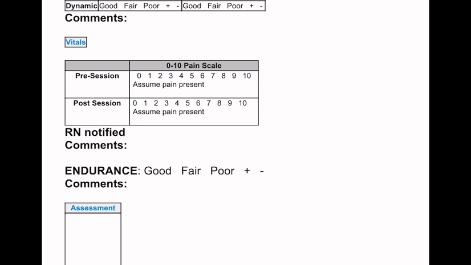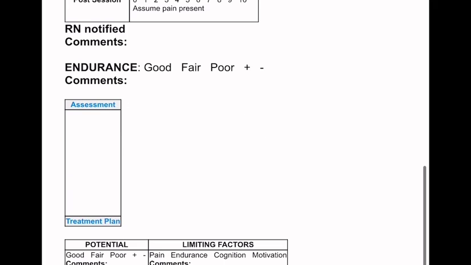On the assessment section is where you write your SOAP note. Next, for discharge recommendations and equipment need, based on evaluation findings, the therapist recommends next steps: referrals to other services, discharge destinations, and equipment needed.